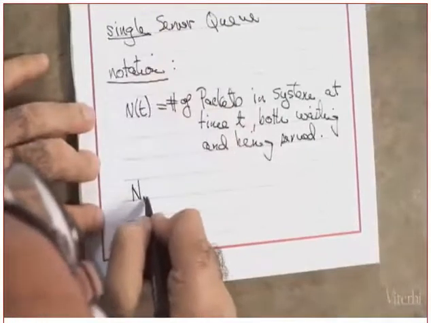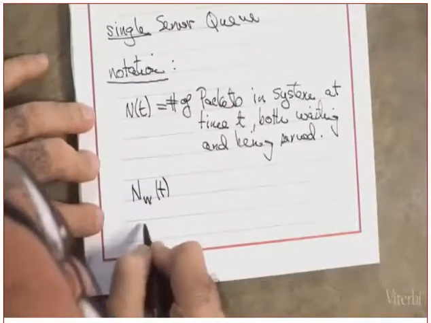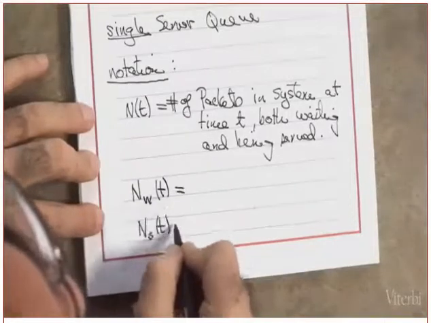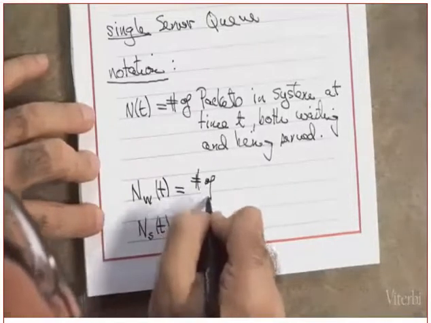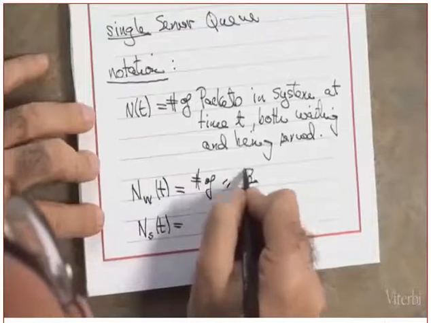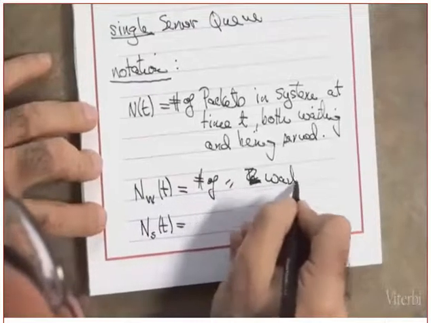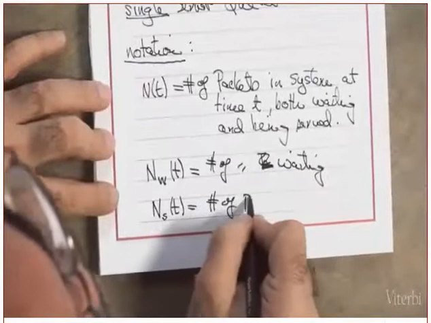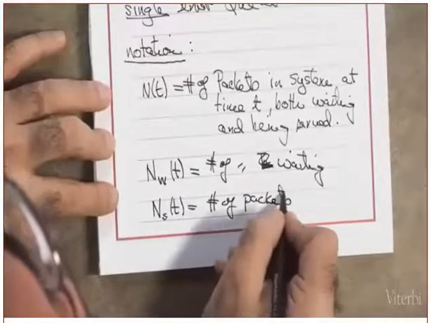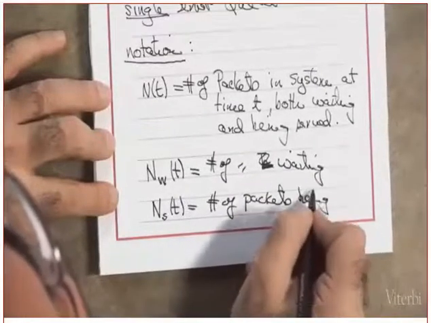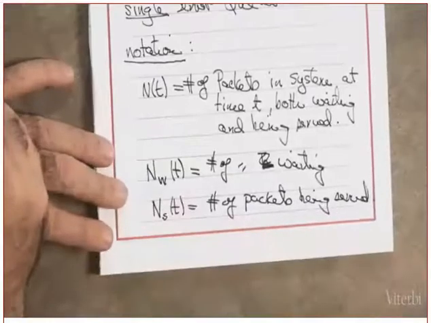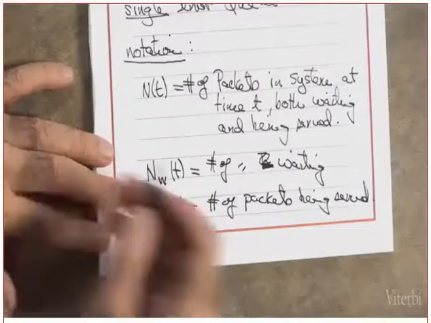Okay, N_W(t) and N_S(t). N_W is the number of packets waiting. N_S is the number of packets being served. Clear? How much is this value?